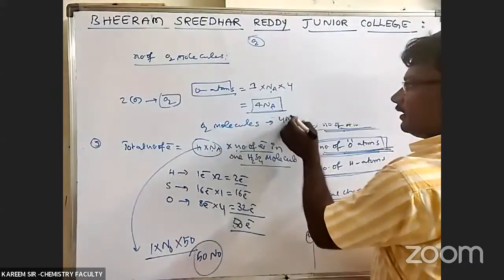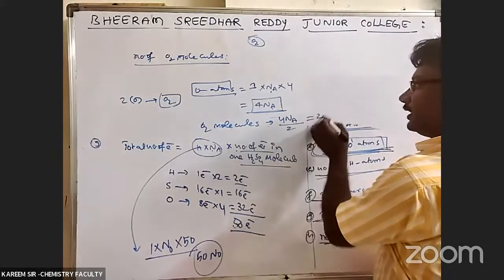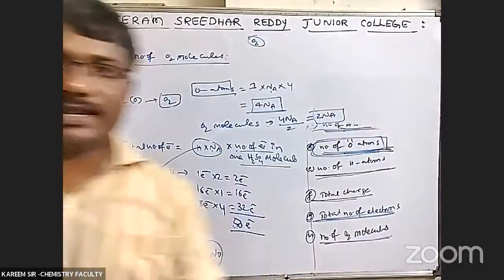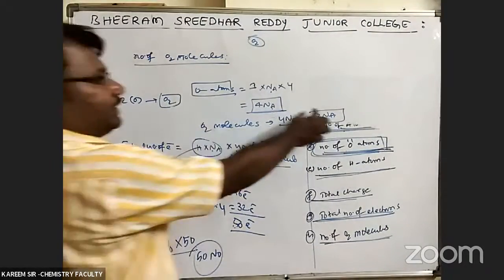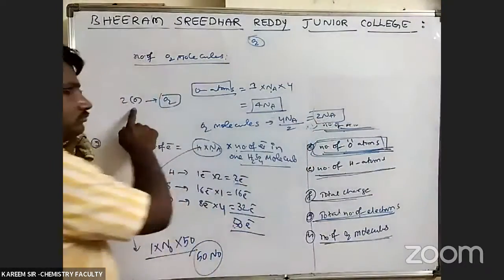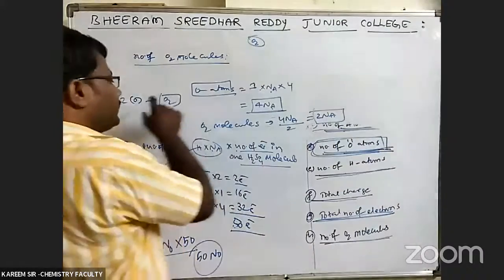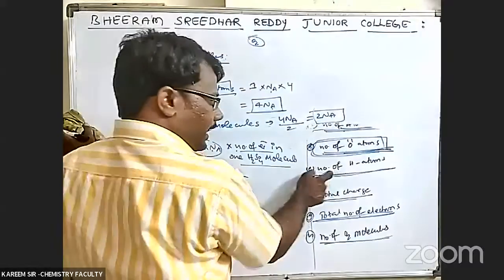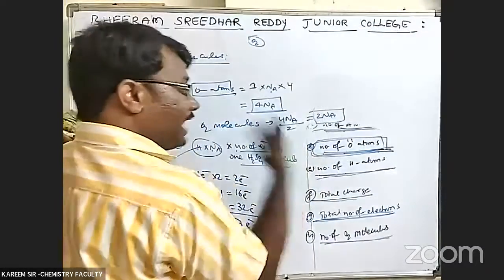Then 4Na by 2 you will get 2Na. This is the answer. 2Na molecules of O2. 4Na atoms of O. Okay, and 2Na atoms of H.